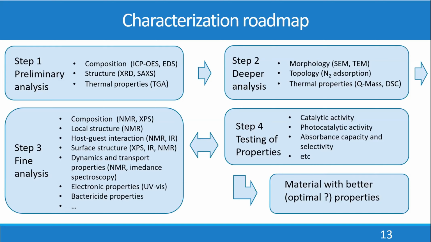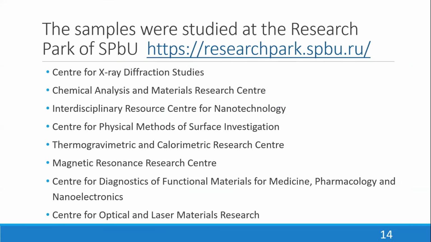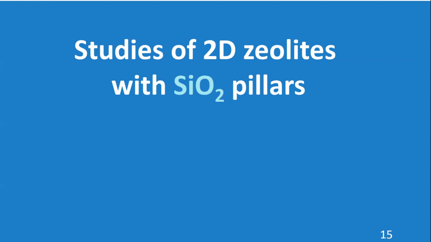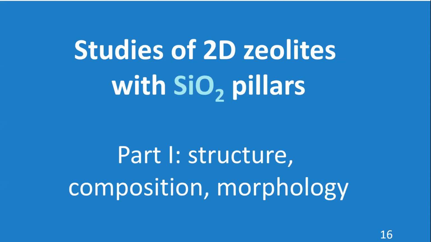And finally, the final goal is to test the target properties, and to propose materials with better or even optimal properties for a concrete application. As I told, all the samples were studied at the research park of our university in different research centers. They are listed here.